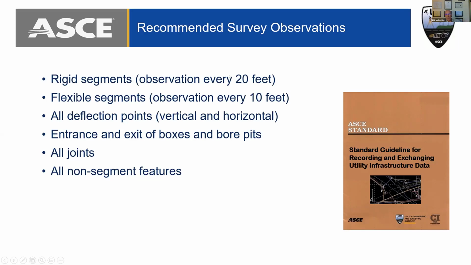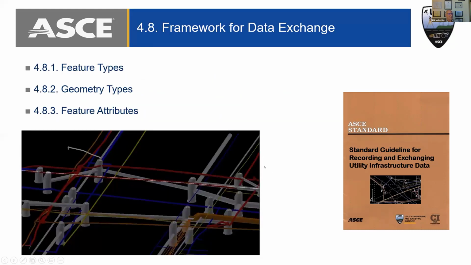Every joint, every weld on that, but also at least every 20 feet, and basically flexible lines every 10 feet, and all deflection points. And at directional drilling, you get the entrance and the exit points and any test pits that they drill through. And yeah, all non-segment features too. So all the vaults and the pedestals and the valves, things like that.